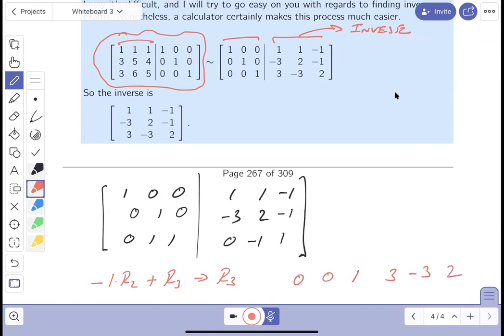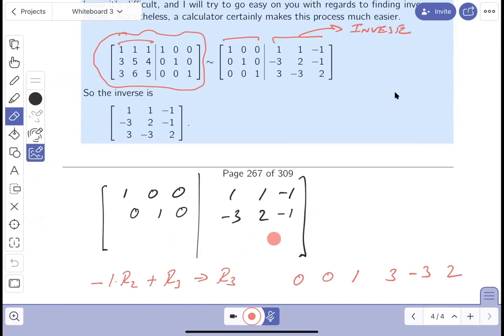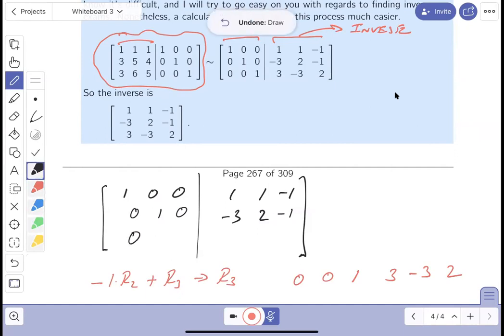All right. So I'm going to get my eraser out. I'll erase this down now. What do you get there? 0. Whoops, sorry about that. 0, 0, 1, 3, minus 3, 2.